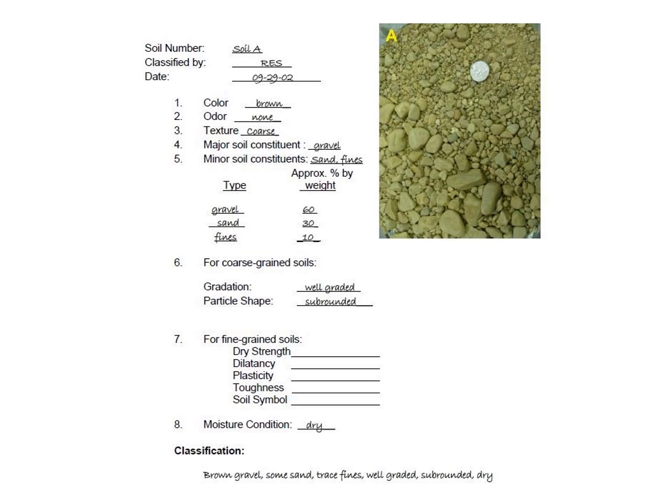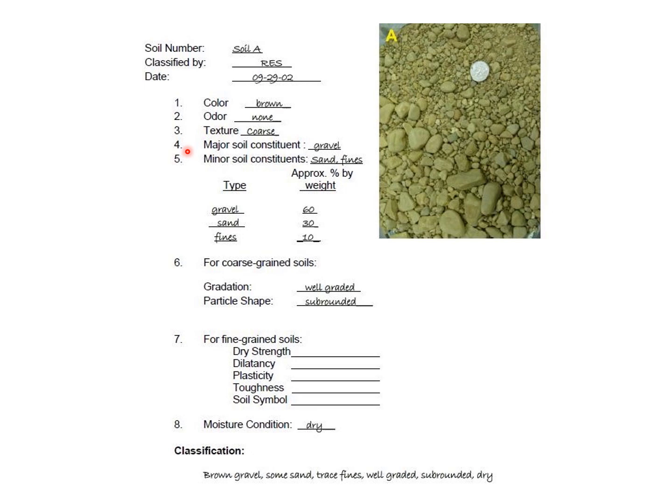Now in the following slides you will find some soils, and we will classify those soils visually, on the basis of visual judgment. Look at this soil. You can see the coin present over there, just to have some idea about the particle size. Here the color is brown, odor none, and the texture coarse.